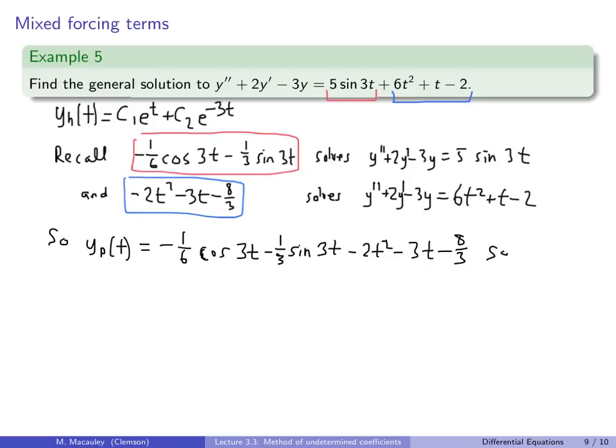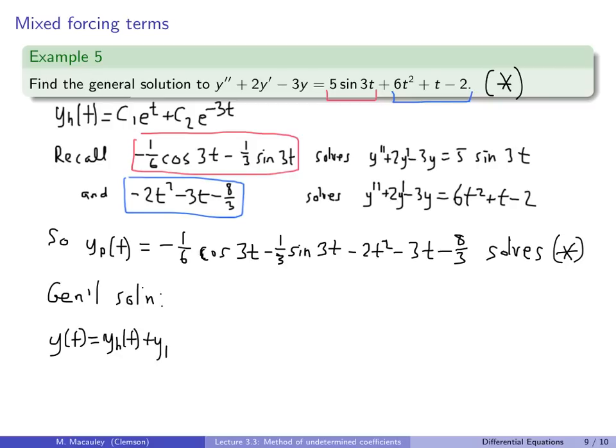So this solves, let's call this equation star. So the general solution is y of t equals the homogeneous plus particular, as always, which is c1 e to the t plus c2 e to the negative 3t plus this creature up here.